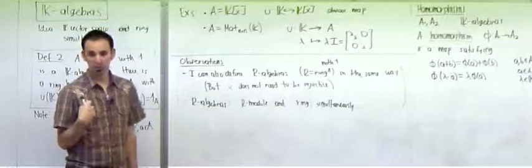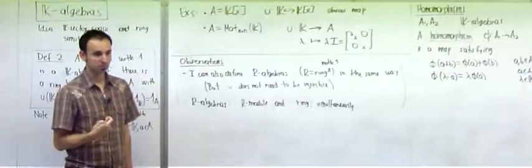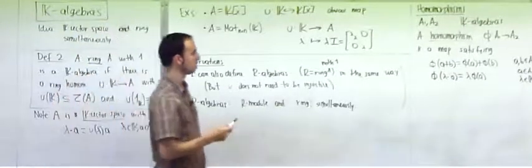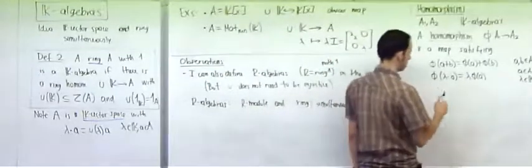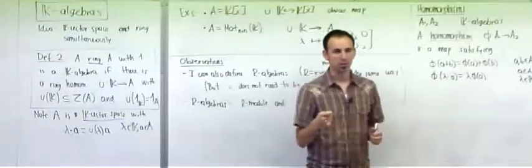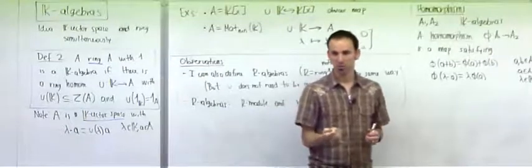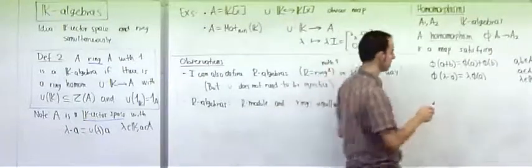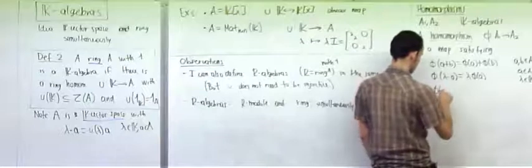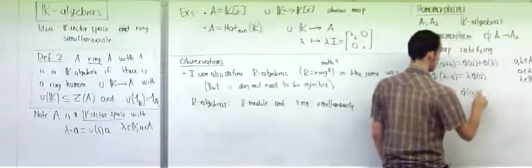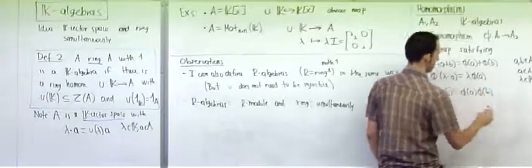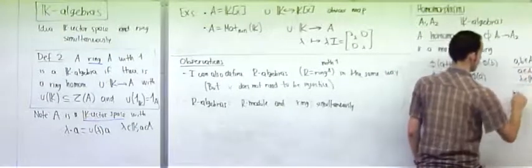But I want this to also be a map of rings. So what else should I demand? Well, phi should also keep the ring structure. In other words, it should preserve multiplication. So phi of ab should be equal to phi of a times phi of b, for a and b in A1.